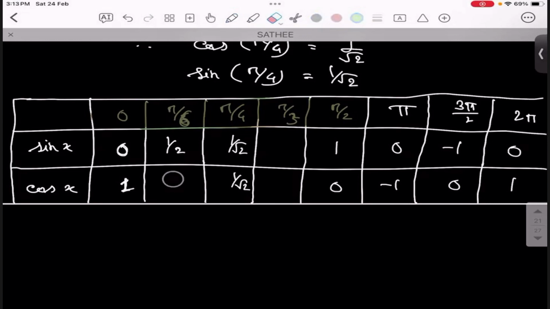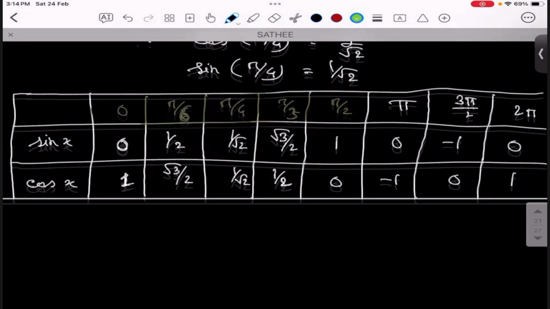This should be root 3 by 2, and this should be 1 by 2. And obviously notice that all the values should be repeated after a 2 pi angle.